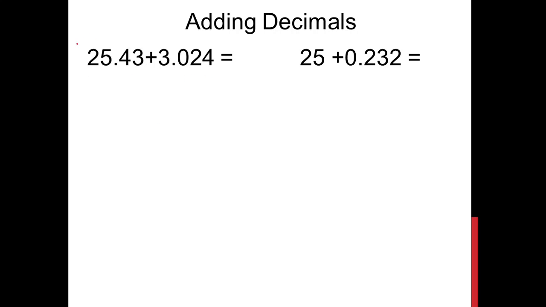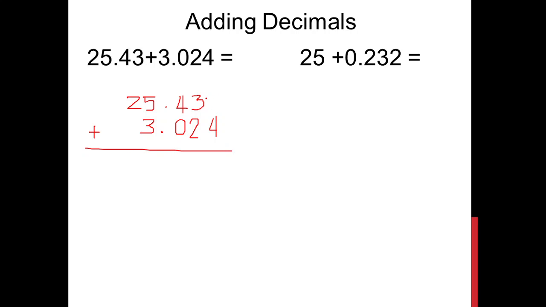So from here, we have 25.43 plus 3.024. So let's rewrite our mathematical statement here. Again, we need to align our decimal point and then add.